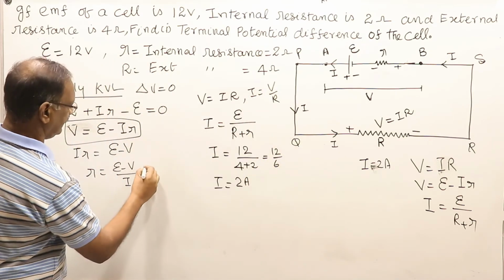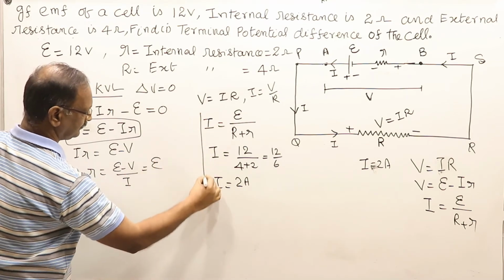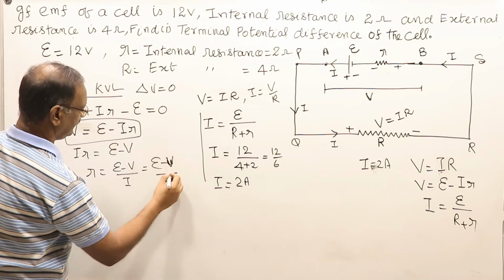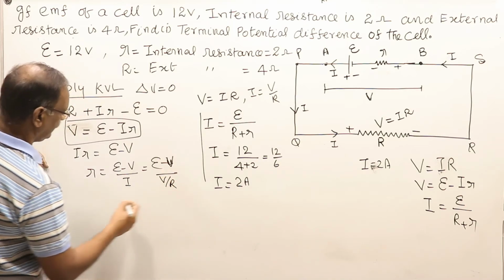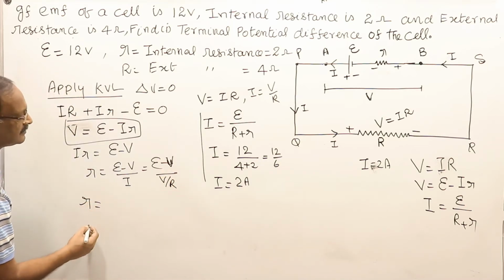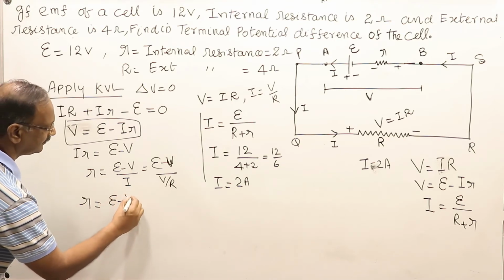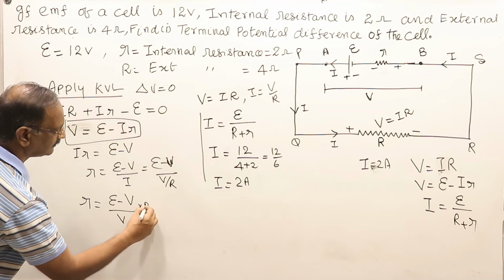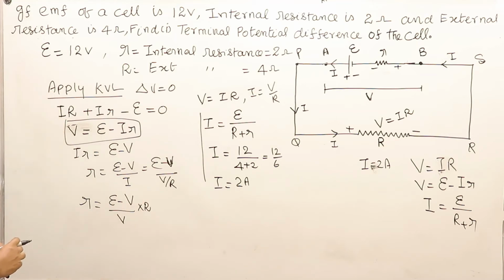So we can write E minus V divided by I is equal to V by R. Our internal resistance is equal to E minus V by V into R. This is the value of internal resistance.